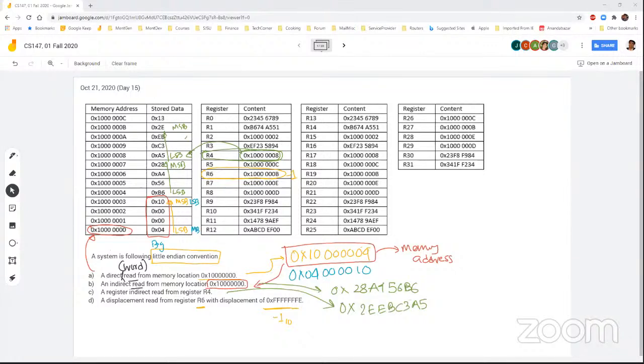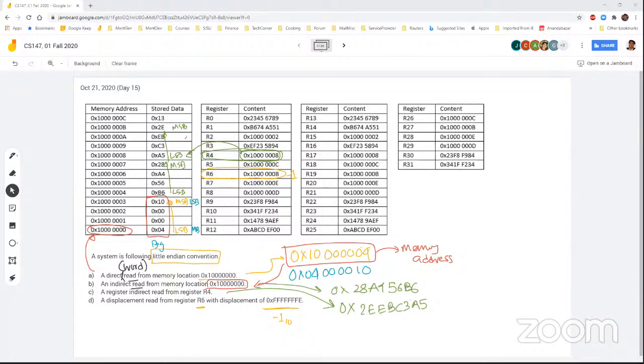FE is -1, right? Let me just double check with the programming calculator. Are you checking if that hex number is -1? Yes, it would have to be, because it's all ones.